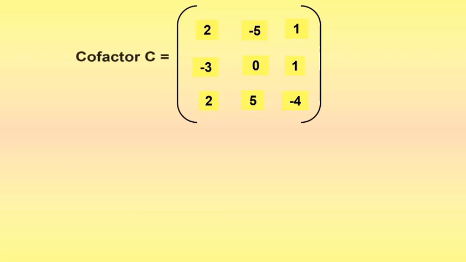Okay, so this is our cofactor matrix. This is the value that we get from our cofactor entries just now. In order to find the adjoint, just make some transposition operations for this cofactor matrix.